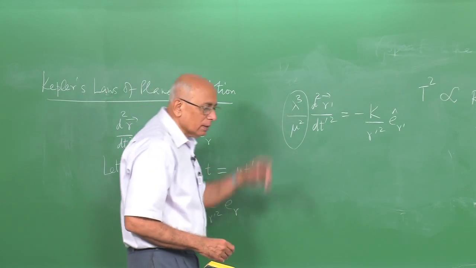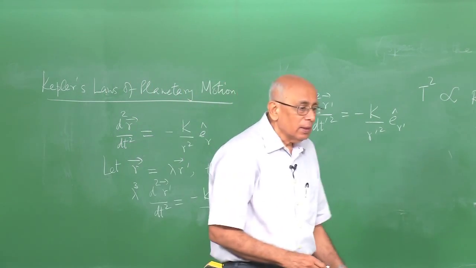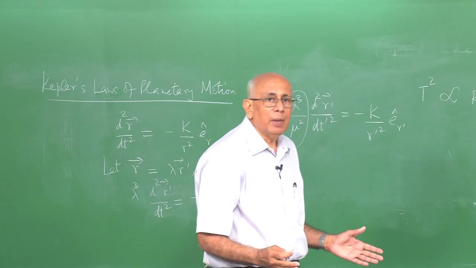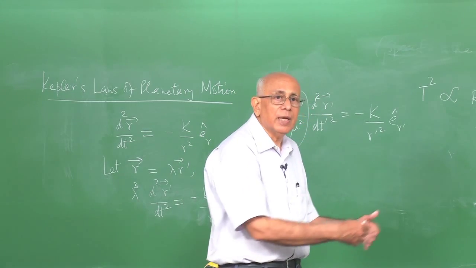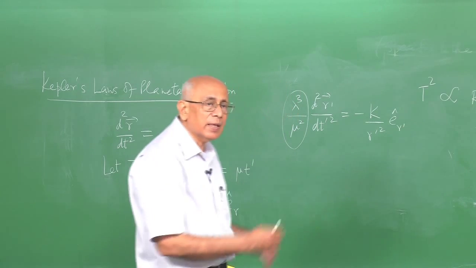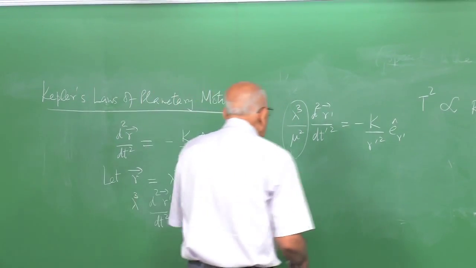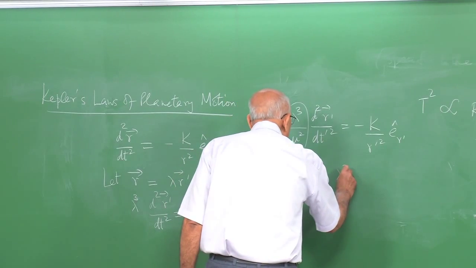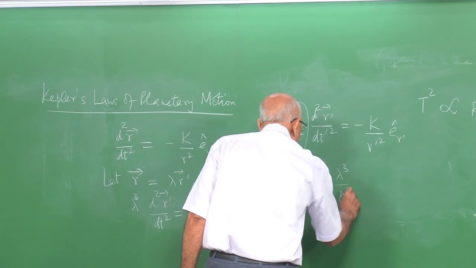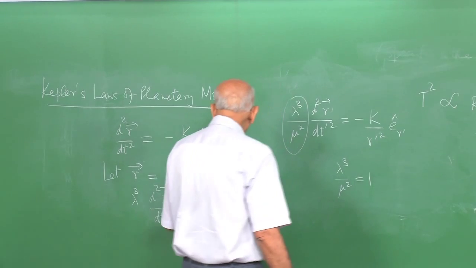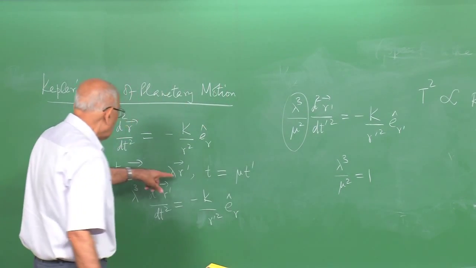If this factor is set equal to 1, then the physics is unchanged completely, as it should be under this redefinition of units or scales of length and time. Setting lambda cubed over mu squared equal to 1, now what is lambda?